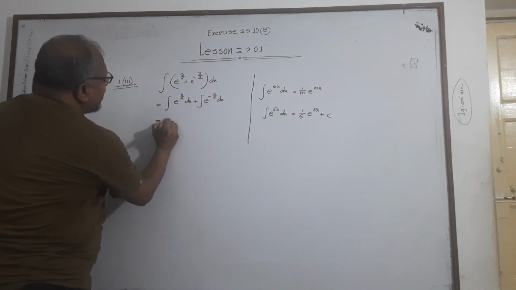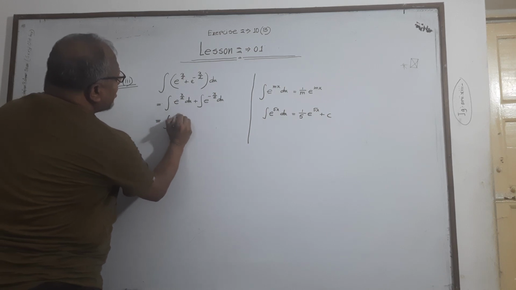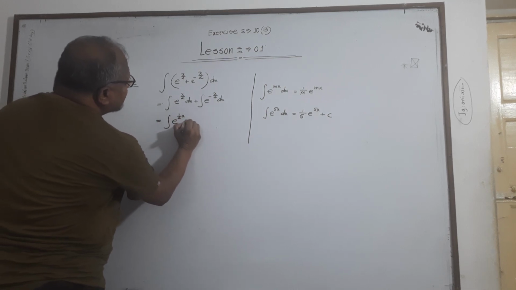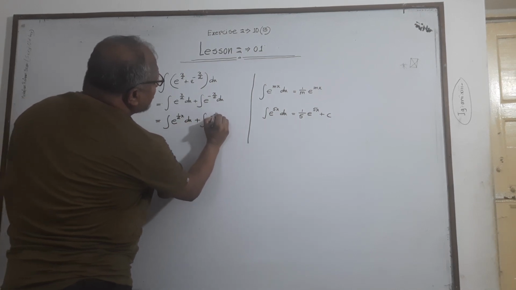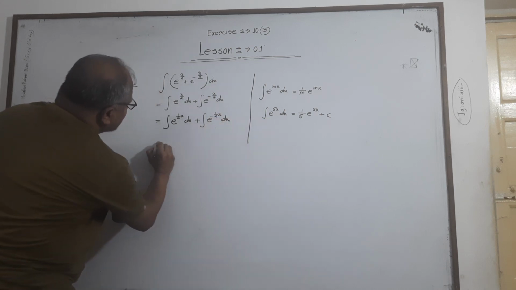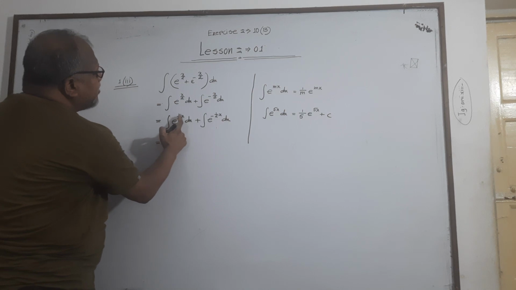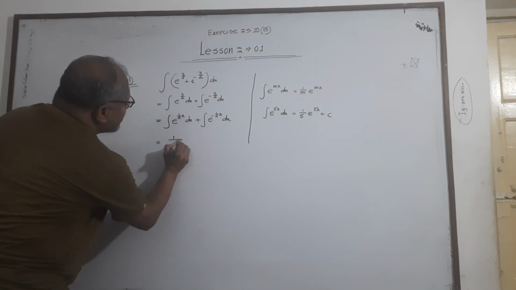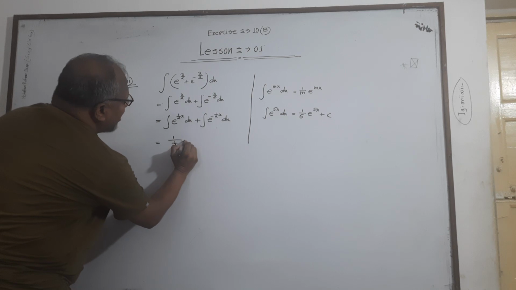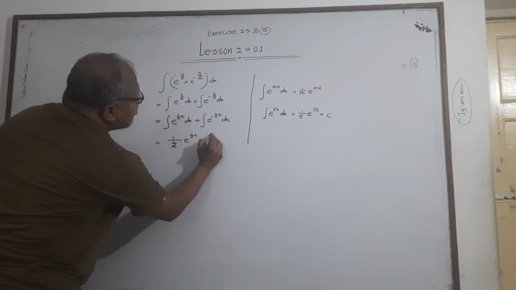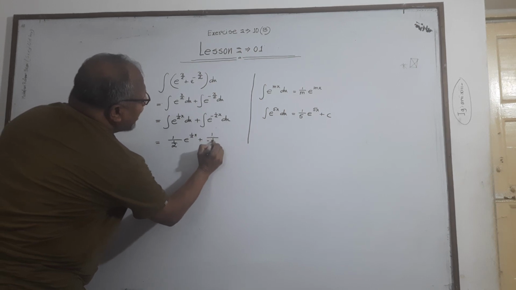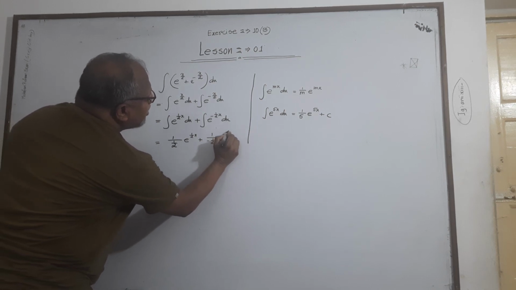So here I can write integration of e to the power half x dx plus integration of e to the power minus half x dx. So here e to the power mx, that is 1 by m, means 1 by half, e to the power mx, plus 1 by m e to the power mx plus c.